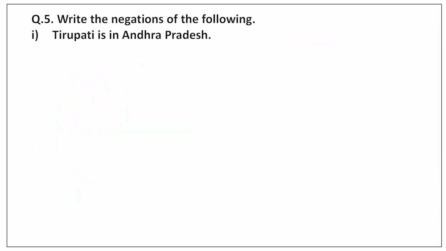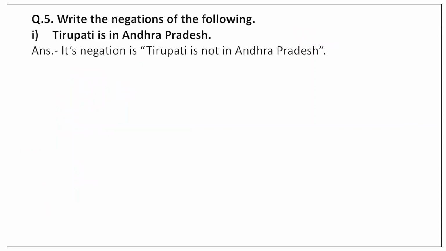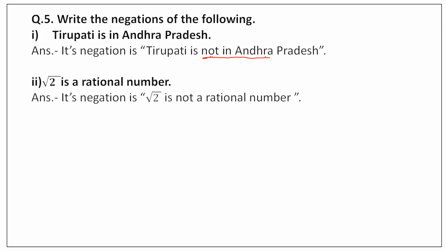Next one. Write the negation of the following. First, Tirupati is in Andhra Pradesh. We have to write the negation, so we have to write the opposite of this sentence. That is, Tirupati is not in Andhra Pradesh. Okay, next one. Root 2 is a rational number. Simple. Its negation will be root 2 is not a rational number.